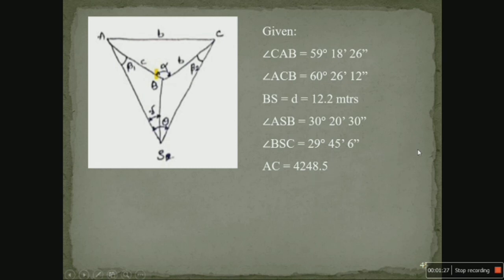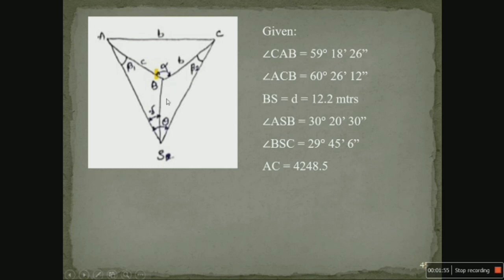For solving this problem, we already know the formula for beta 1 as well as beta 2. If you calculate beta 1 and beta 2, it is easy to calculate alpha. This is the fourth case. For calculation of beta 1, the sides of these triangles are required.